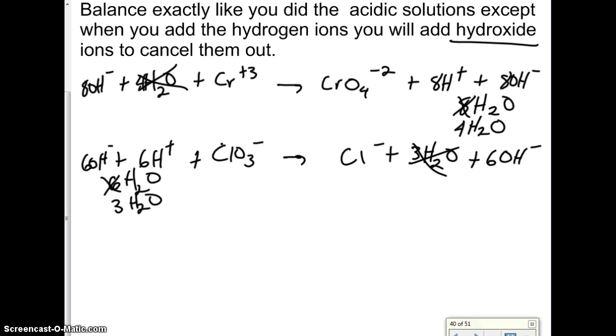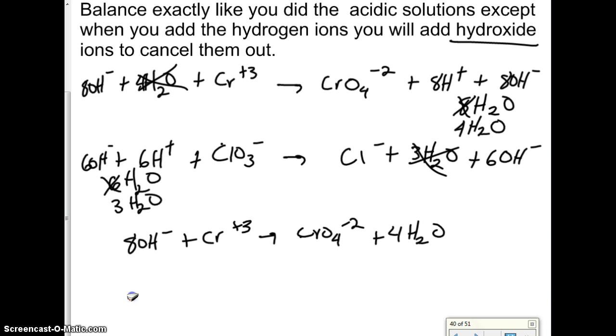I'm going to real quickly rewrite these so that we can see them a little bit better. So I have 8 hydroxides plus a chromium ion, a +3, forming chromate, plus 4 waters. I also have 3 waters plus a chlorate ion, forming chlorine, plus 6 hydroxides.